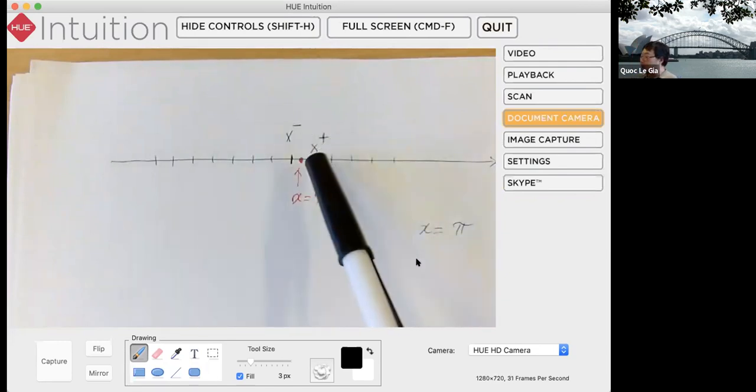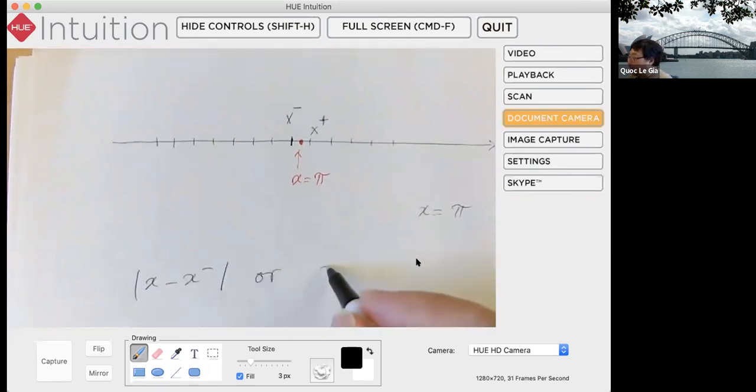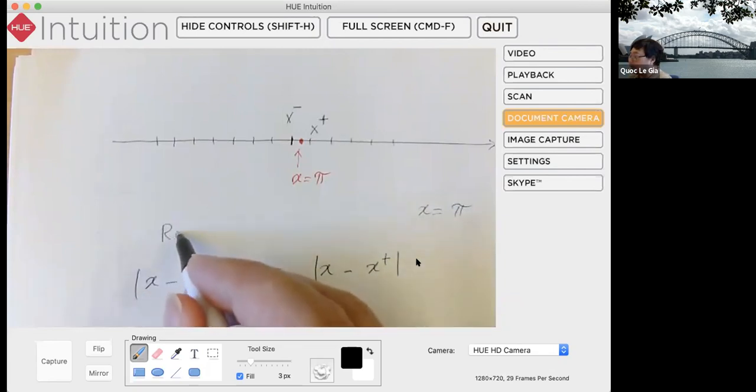What you store is only x minus or x plus. Then you will introduce some errors, which will be x minus x plus, or x minus x minus. We call it rounding errors.